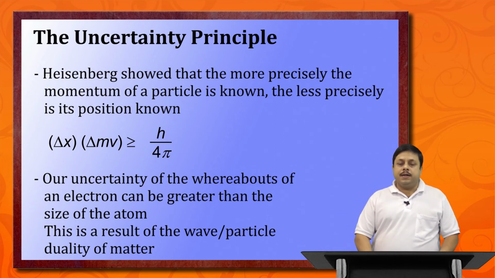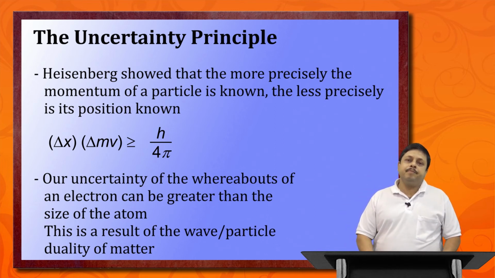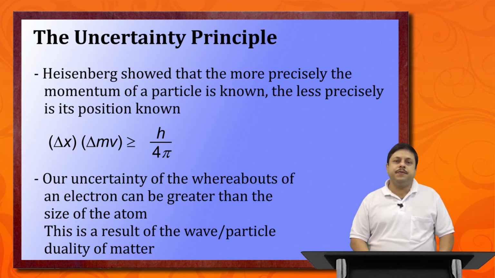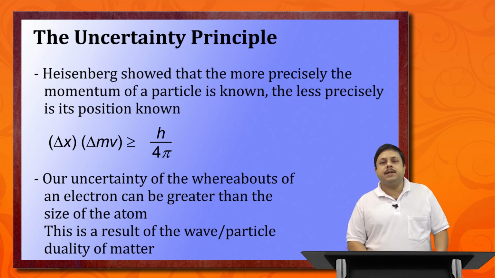So, Heisenberg uncertainty principle, de Broglie hypothesis, and the earlier observations actually led to believe that there is some sort of a wave-particle duality of matter. This is a very important point, that matter can be wave-like, matter can be particle-like.